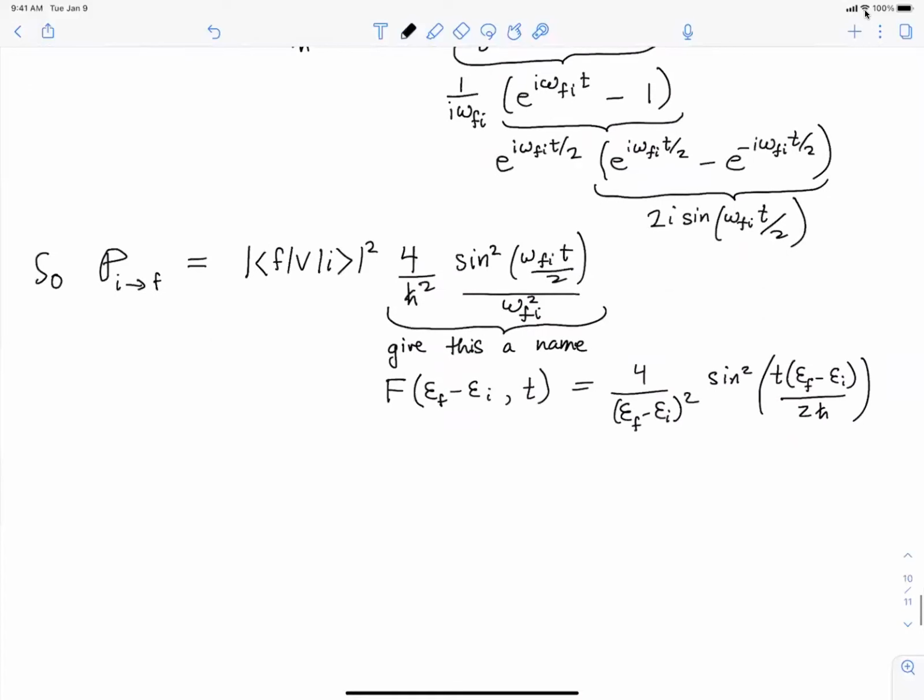Okay, and then once we've done that, the nice thing about giving complicated things names is that it makes other formulas simpler. And so now our probability separates into 2 parts. There's the matrix element squared part, and then there's the F part.